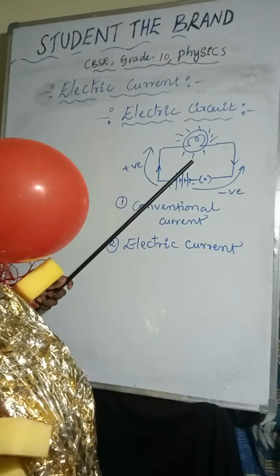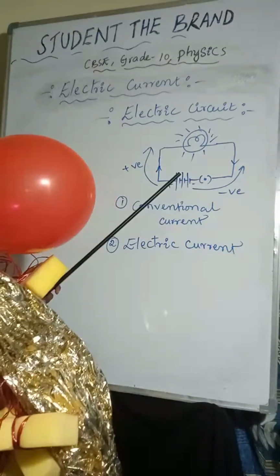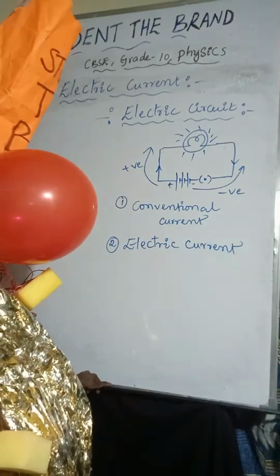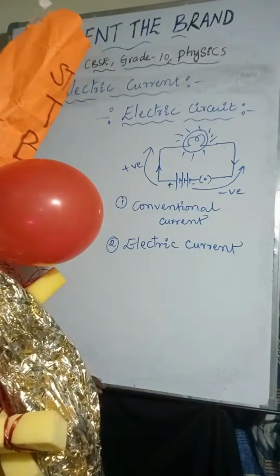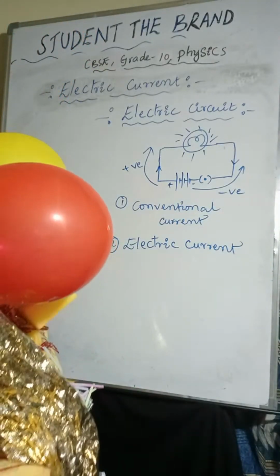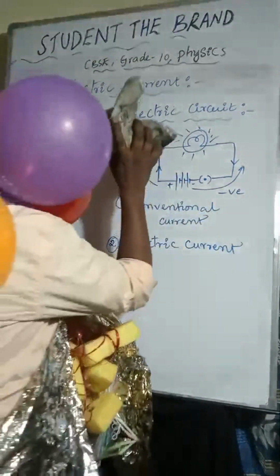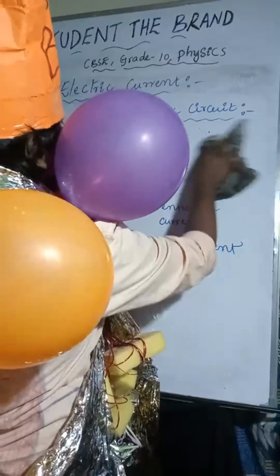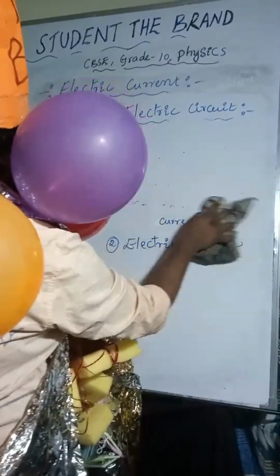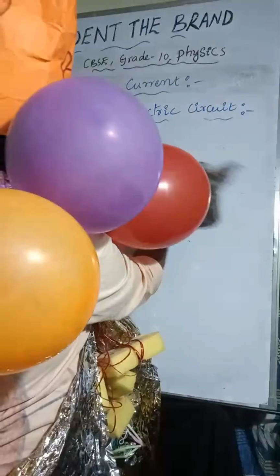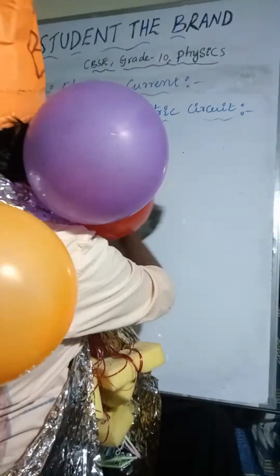A continuous and closed path of an electric current is known as an electric circuit. Okay, so that is about electric circuit. Now we'll discuss conventional current and electric current. Already over. Conventional current is the flow of positive charges. Electric current is the flow of negative charges.